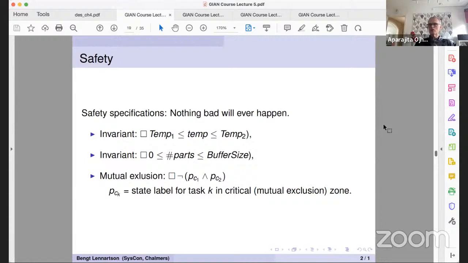Say, for instance, these two robots that I introduced earlier as an example. Two robots in the common zone, that's a forbidden situation, because then they could collide with each other. So this is another type of specification: always not (PC1 and PC2). Typical safety specifications.